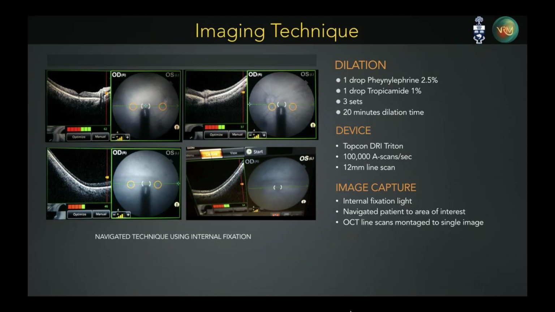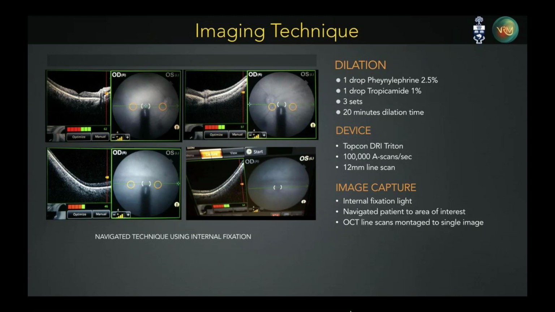So when we talk about techniques of imaging, one of the other beauties of the Triton is that it has an internal and an external fixation light. And these small features, which are seemingly not exciting off the top, are important because, at least in our practice, we pay a lot of attention to wide field imaging, which really involves imaging outside the posterior pole.